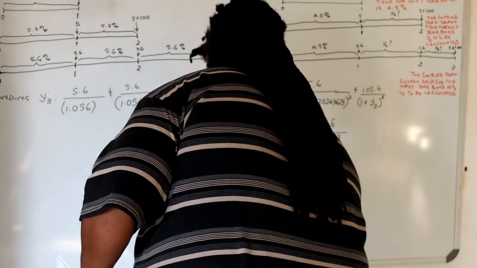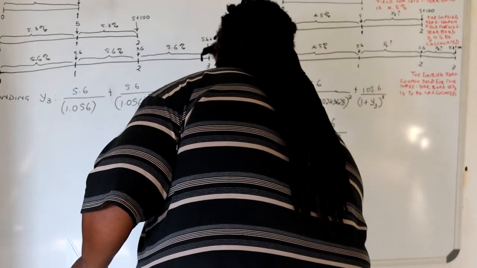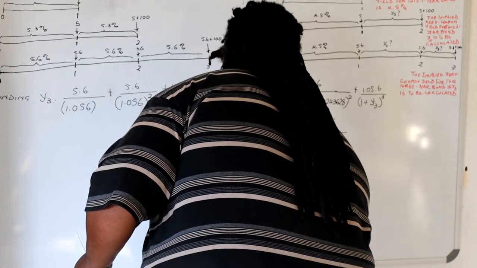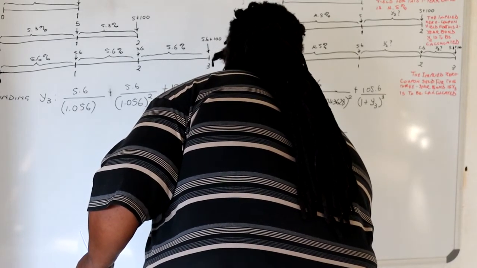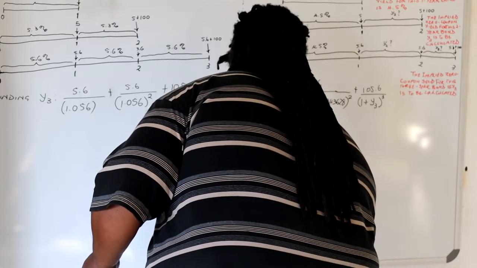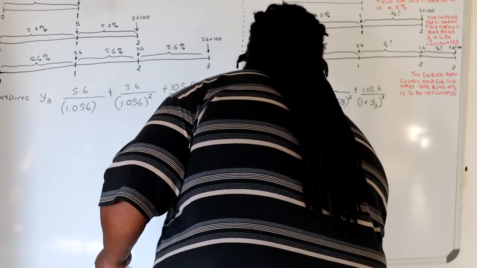So we will have 105 over 89.59262558, all to the power of 1 over 3 minus 1.